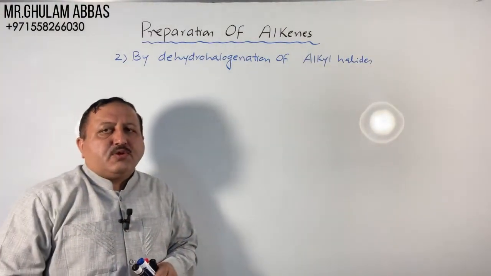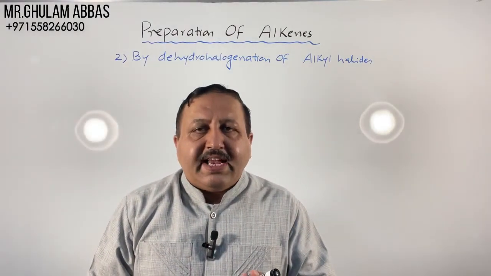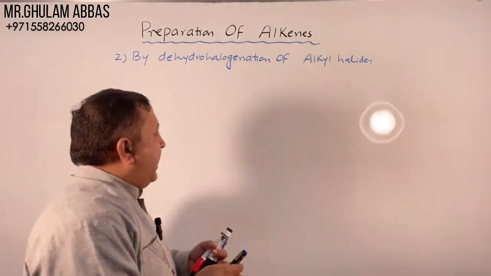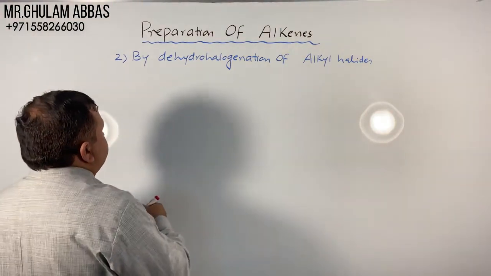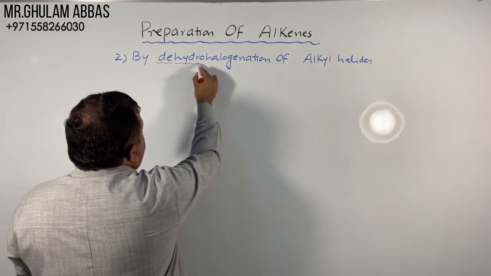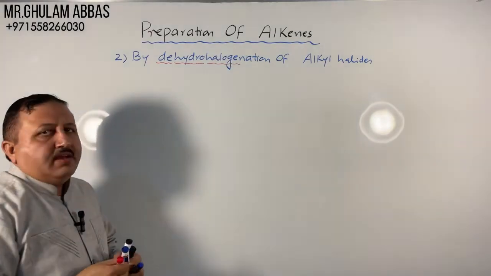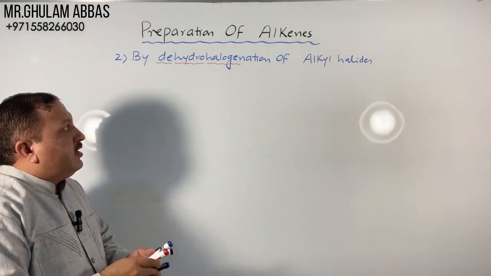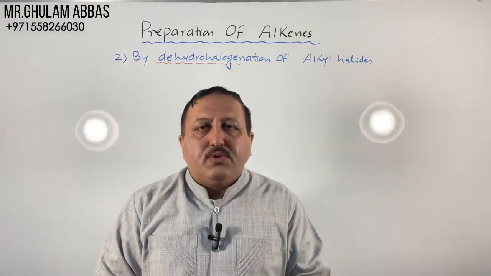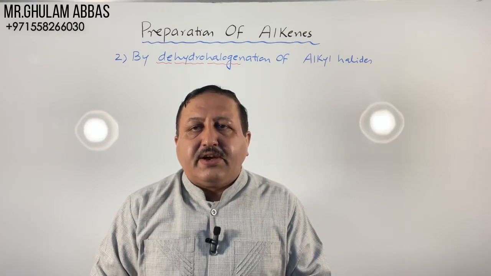Alkyl halides are those organic compounds in which an alkyl group is attached with a halogen atom. Dehydrohalogenation means: de means removal, hydro means hydrogen, halo means halogen. So we can say that removal of hydrogen and halogen from two adjacent carbons of an alkyl halide is called dehydrohalogenation.